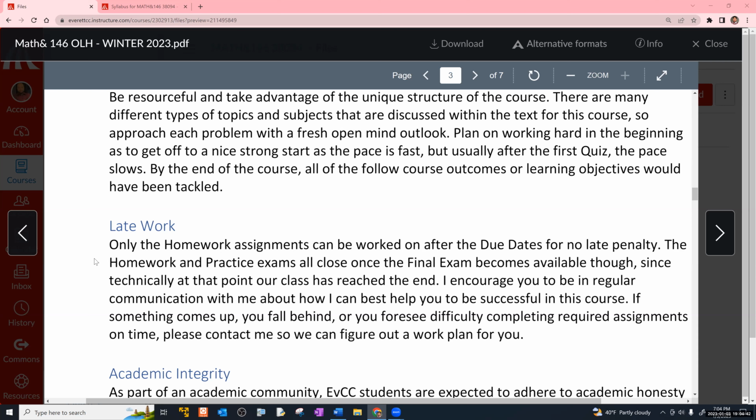Let me explain something about this. You can work on the homework all the way to the last day of class, but once that last day happens, it's over. You do not have access to it anymore. Now the question becomes, what is the last day of the class? I define the last day of our class to be the day before the final exam.